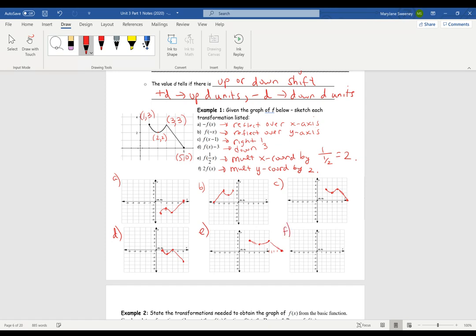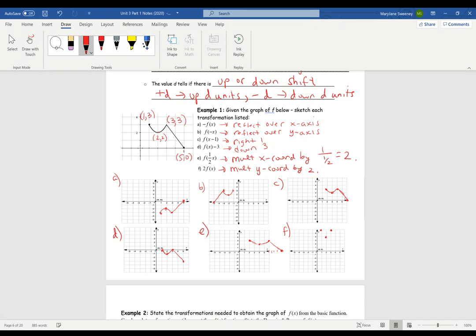And finally, F, multiply the y coordinate by 2. So 1, 3 goes to 1, 6. 3, 3 goes to 3, 6. 2, 2 goes to 2, 4.